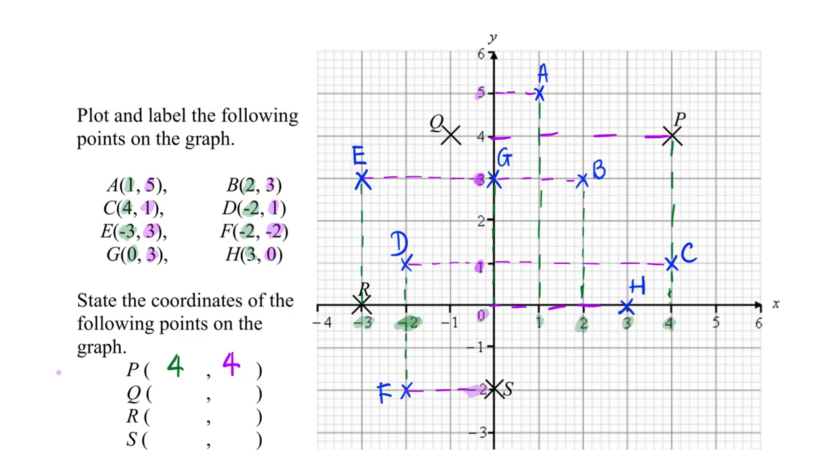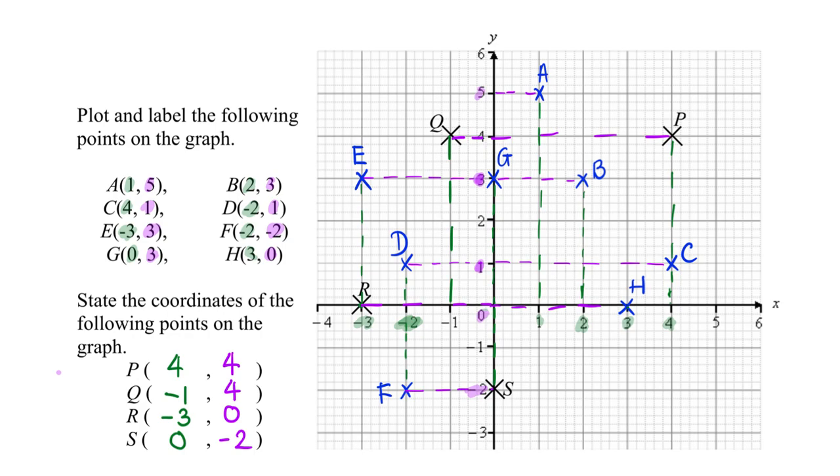For point Q, x is -1, y is 4. For point R, it is exactly at x is -3, y is 0. And for point S, my x is 0, my y is -2.